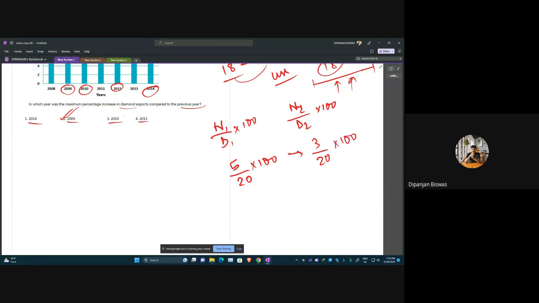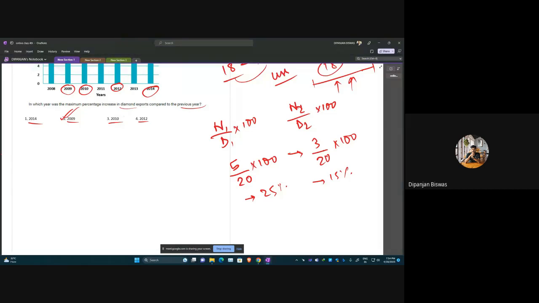So as you can see, whenever the numerator is more and the denominator is the same, you should get a bigger percentage. So 5 divided by 20 should give us 25%. And here it is 15%. So this is more. So if the numerator is more in any percentage calculation, the result is more.